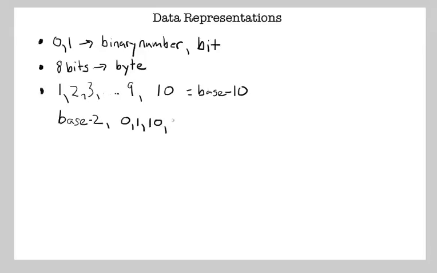So that's 2, 3, 4, 5, 6, and 7. And of course you go on and on in this. So this is the base 2 counting system.